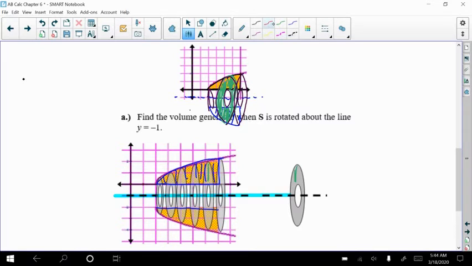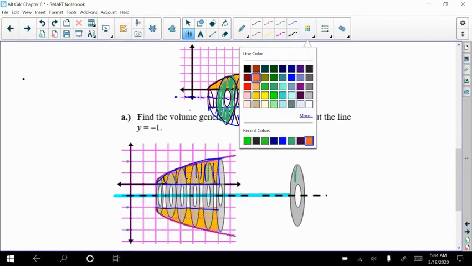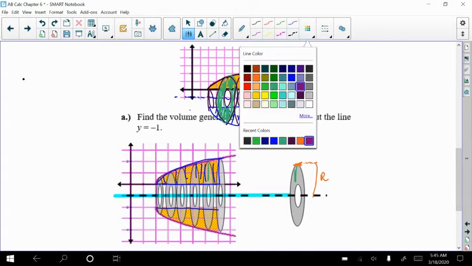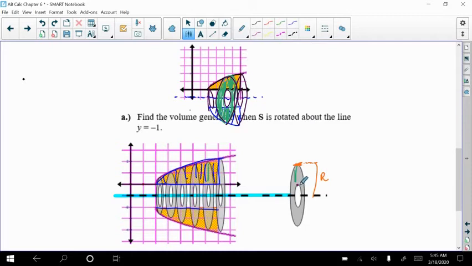What I want to next identify is the larger radius. This out here represents the edge of the exterior of that disk, so that right there is going to represent the largest radius. Then I measure this distance right here, which represents the inner radius, the radius that I'm taking away.